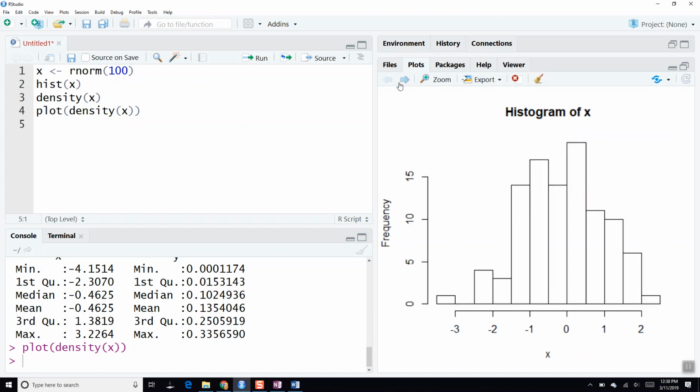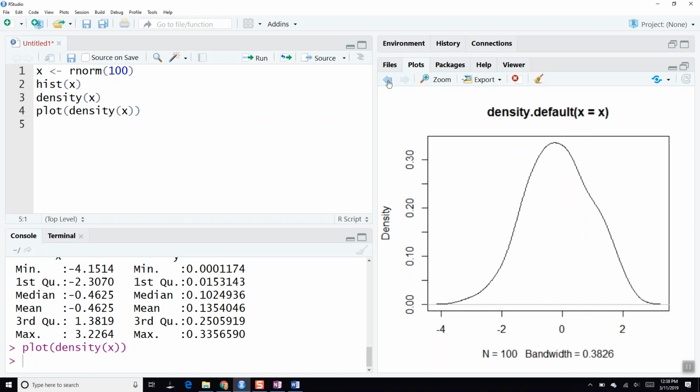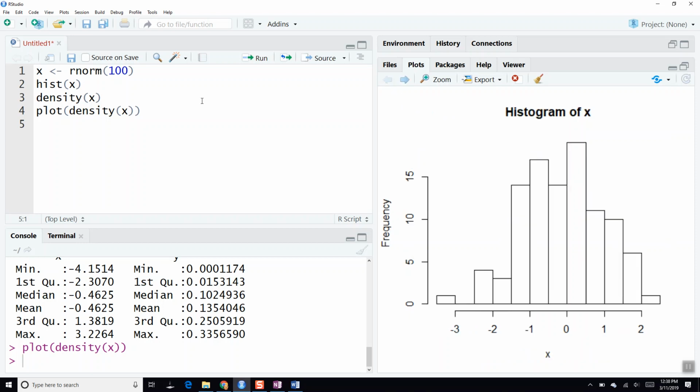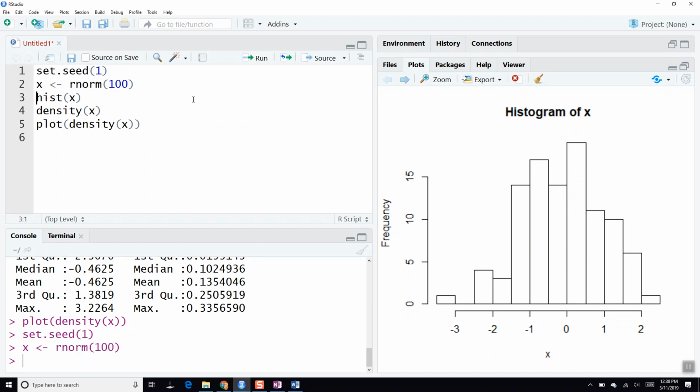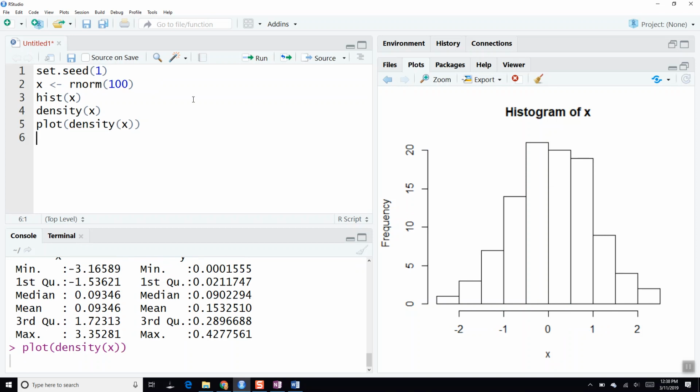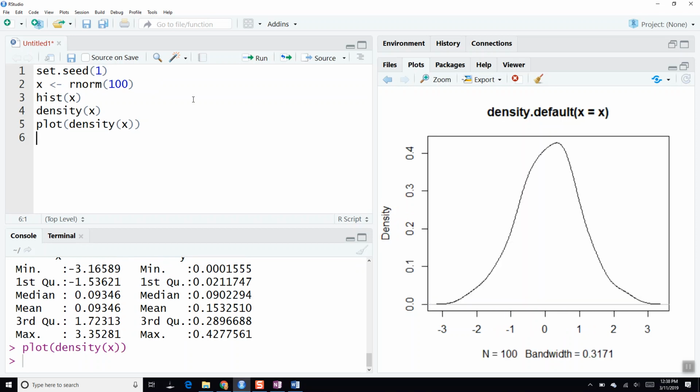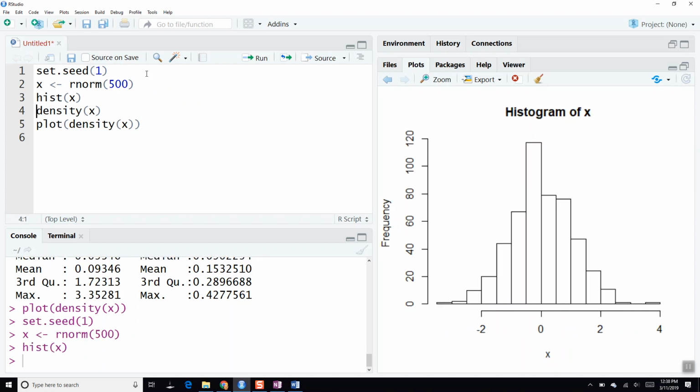And so how does something like this work, right? How do we go from here to here, right? And I could just do this. So that's a different histogram, and here's the kernel density estimate. And obviously, with larger samples, so instead of 100, if I do 500, my histogram will look more normal.